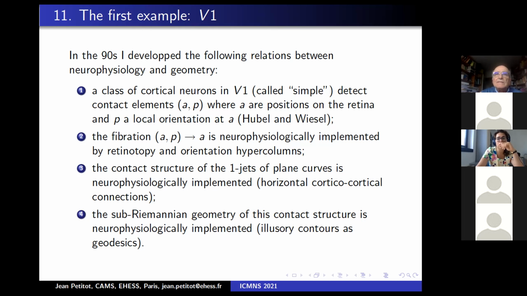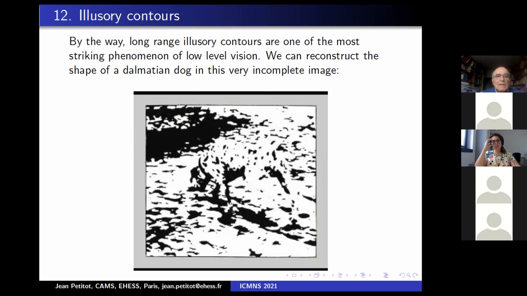Here it is exactly the same. You can understand how activated neurons can do differential geometry if they implement contact elements and contact structures of contact elements. But directly, you cannot understand how neurons can integrate partial differential equations and ordinary differential equations.